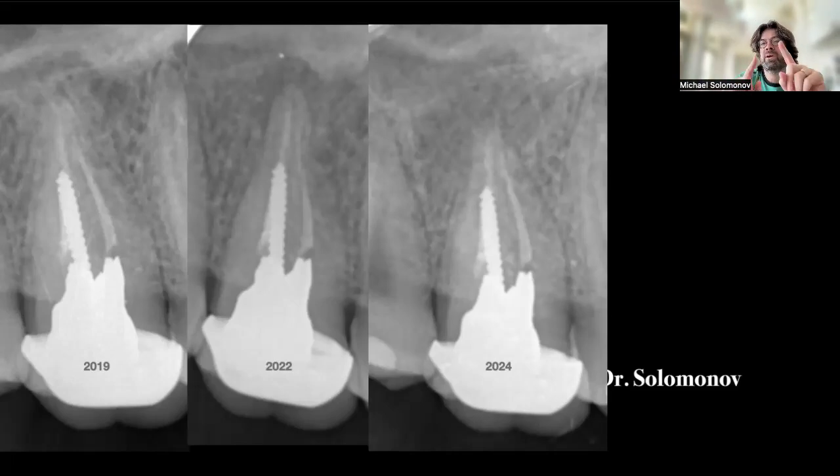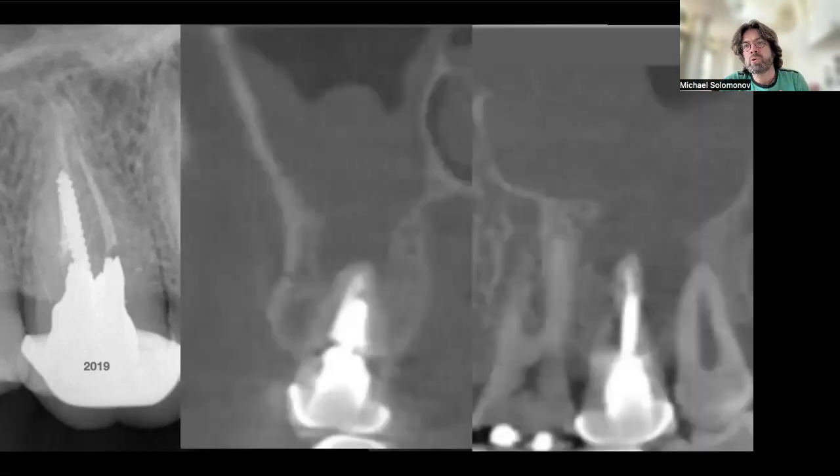If you compare 2022, this area was clearly radiolucent, and now I'm not sure, maybe we have something big, but maybe not. I convinced the patient to go to CBCT, because on a CBCT scan we can see it much better. We know it very well.